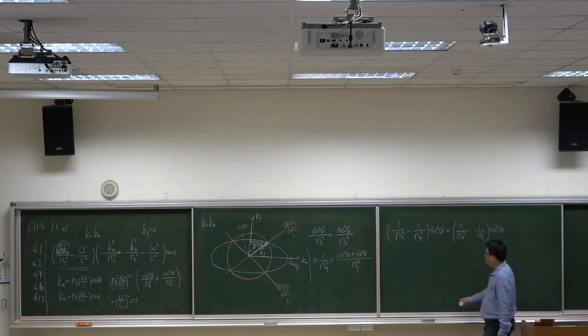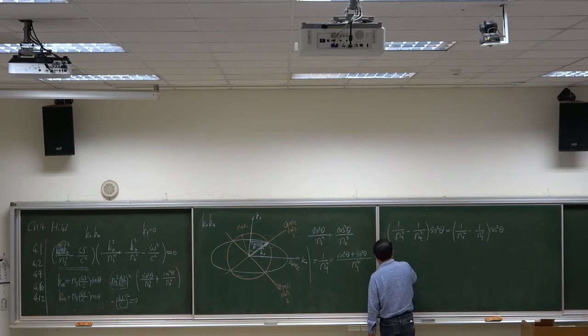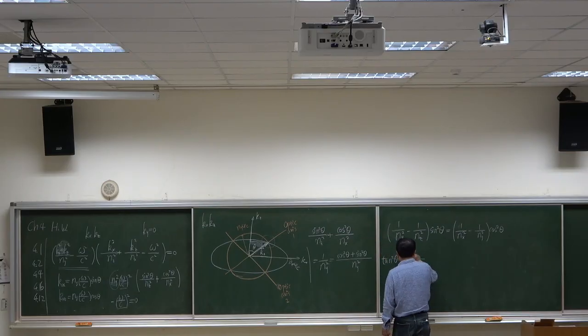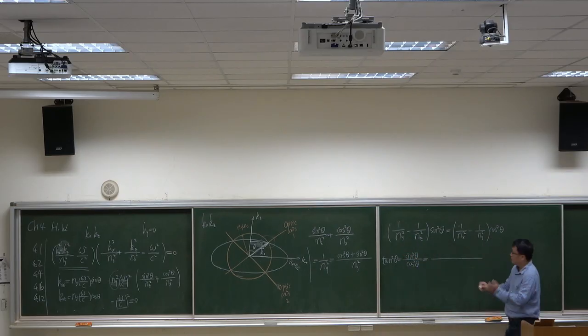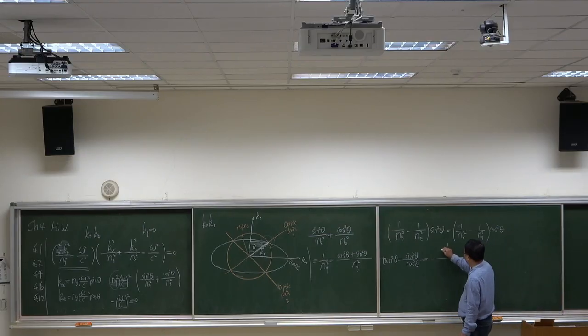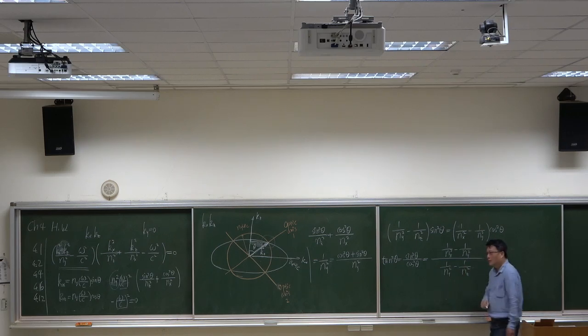So tangent squared theta is sine squared over cosine squared, which is equal to this ratio: 1 over nx squared minus 1 over ny squared, over 1 over ny squared minus 1 over nz squared.